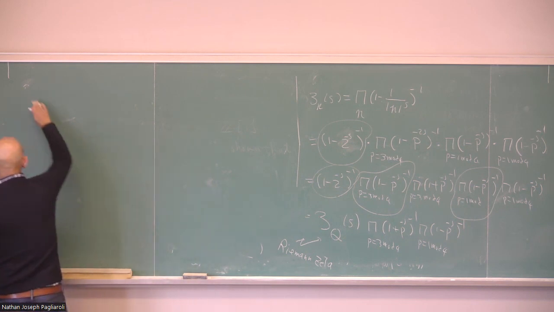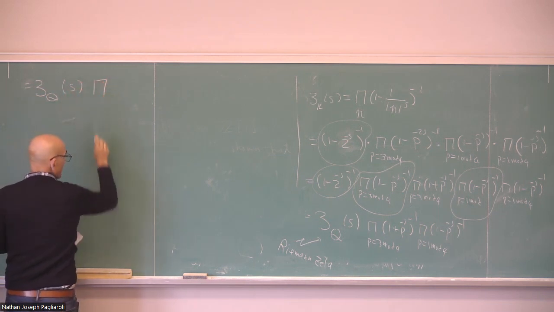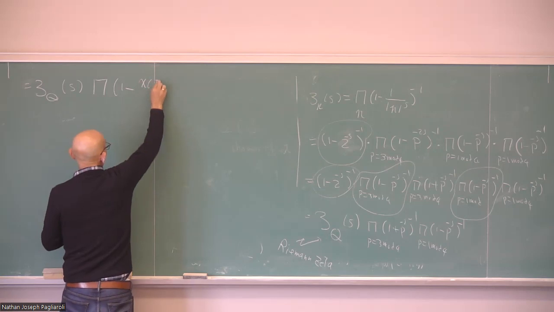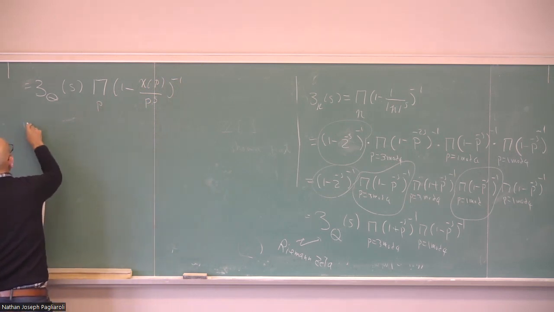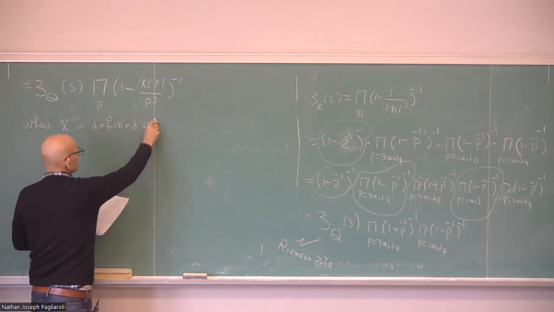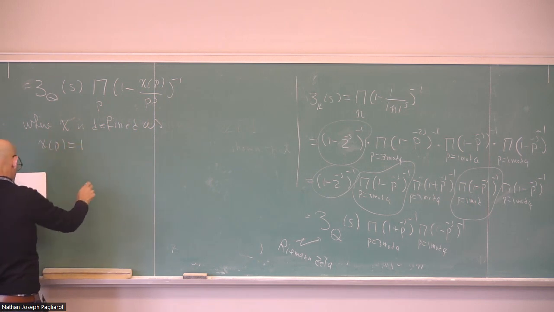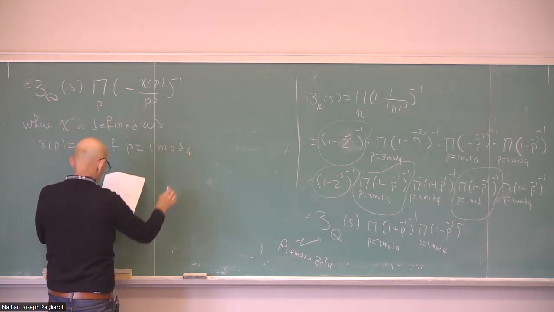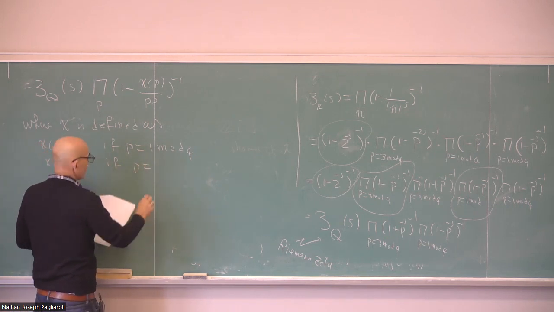I can now write this as zeta Q of s times the product of 1 minus chi p to the s inverse over all primes, where chi is defined as chi p equal to 1 if p is equal to 1 mod 4, and chi p equal to minus 1 if p is equal to 3 mod 4.